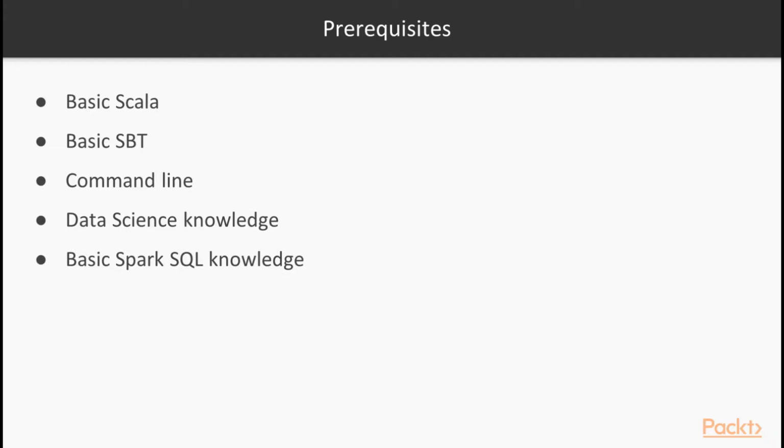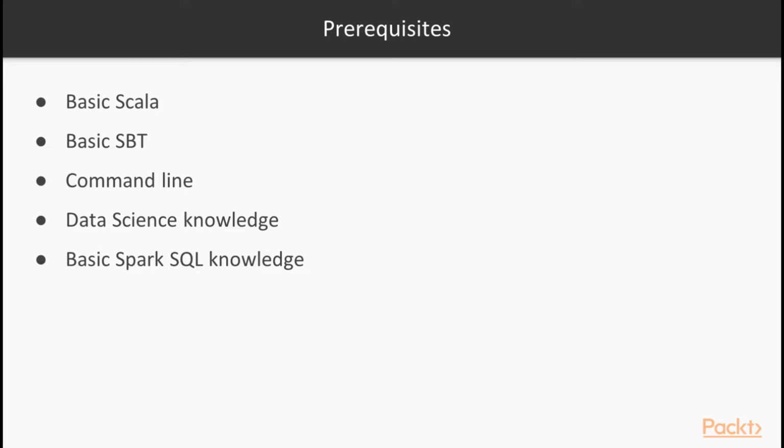Besides that, you will need the knowledge of the command line. You will need the knowledge of data science, because you should keep in mind that all the libraries that are discussed here are mere tools, and in order to be able to apply them, you need to have a training that will give you the knowledge on how to make use of these tools.